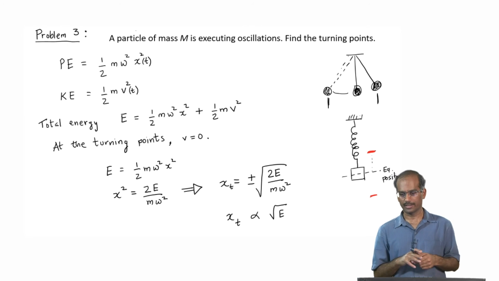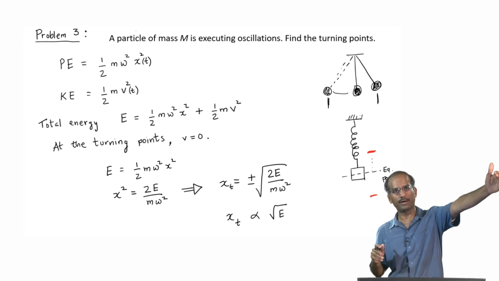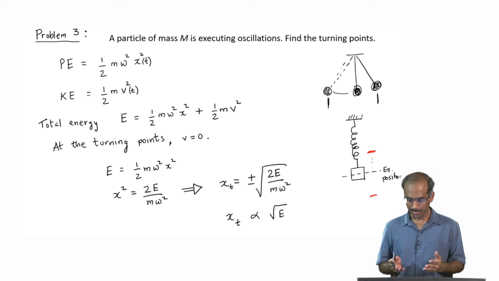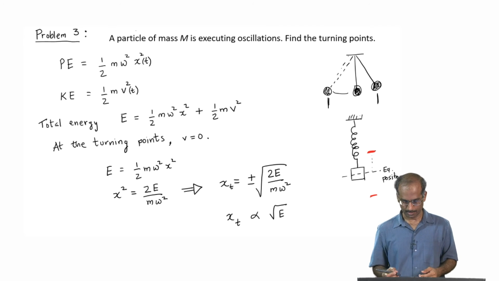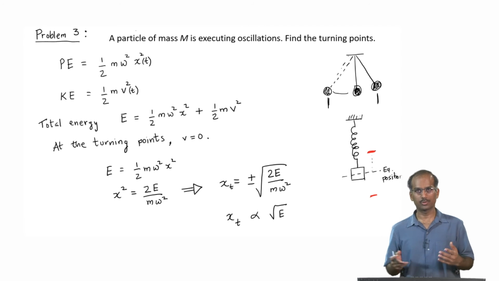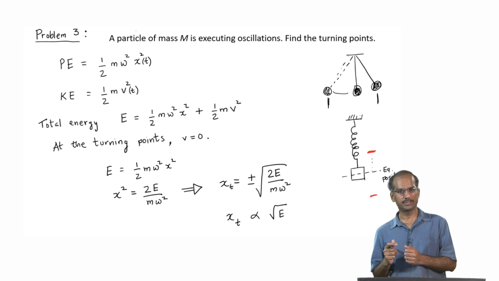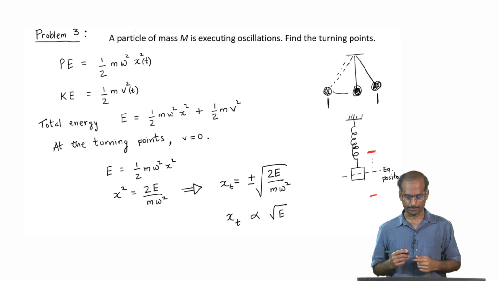Clearly, if you give a strong push to the pendulum, it is going to go far before it turns back, which is the lesson that we learn from this equation as well. And it also tallies with the physical intuition that with more energy, the particle would go further, would oscillate with larger amplitude before turning back.